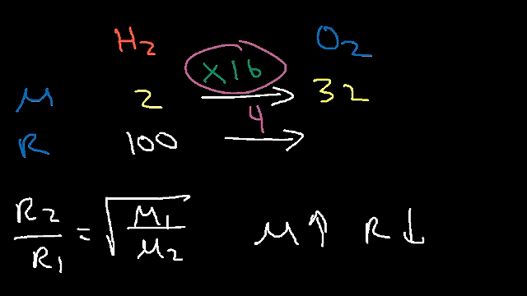And because the molar mass increased, we know the rate has to go down. So we're going to divide by 4 and not multiply by 4. So 100 divided by 4 is 25. And so if the rate of effusion of hydrogen is 100, the rate of effusion for oxygen is going to be 4 times less. It's going to be 25, because oxygen is 16 times heavier than hydrogen.